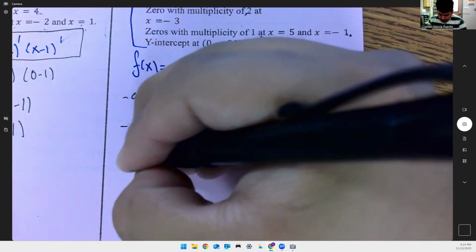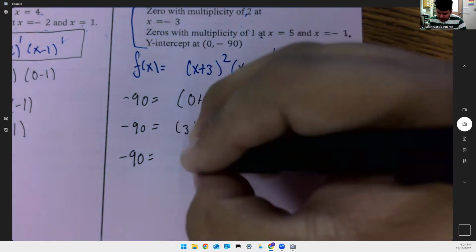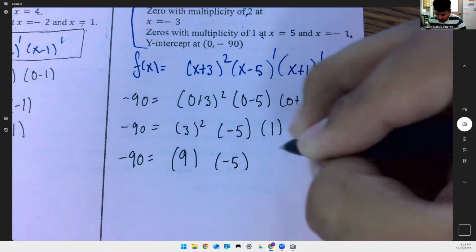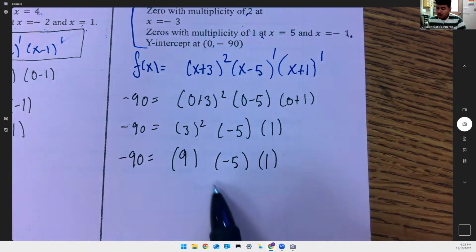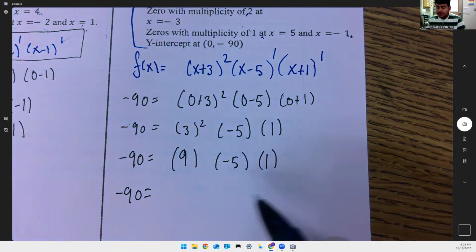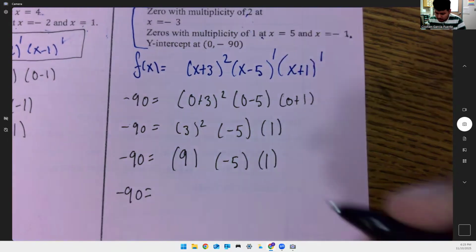So what's 3 squared, or 3 times 3? 9. The negative 5 stays a negative 5, and the 1 stays as 1. Now, over here, leave this as negative 90. What's 9 times negative 5? Negative 45 times 1, still negative 45.